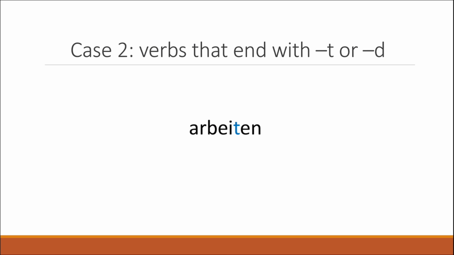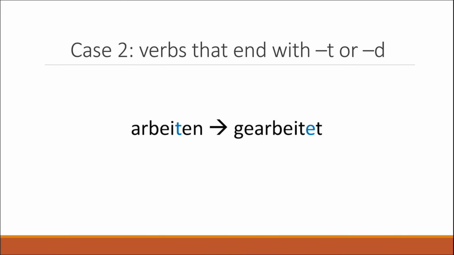So in German, we're putting an e between the last letter of the root, so in this case the t of arbeite, and the t we're adding while substituting en with a t. So we're going to put an e right in between. So the past participle of arbeiten is going to become gearbeitet.